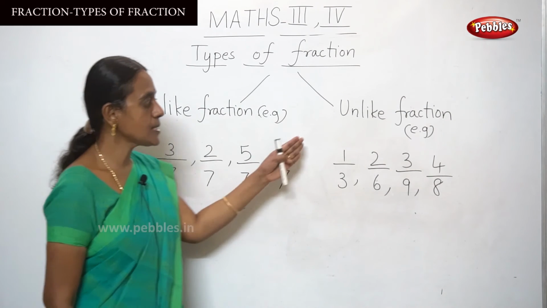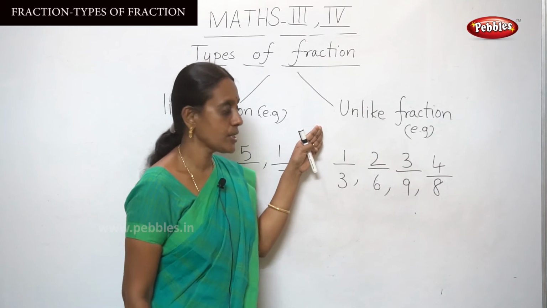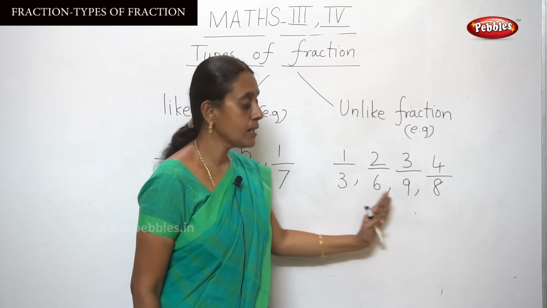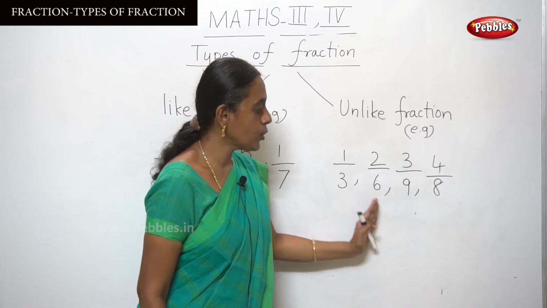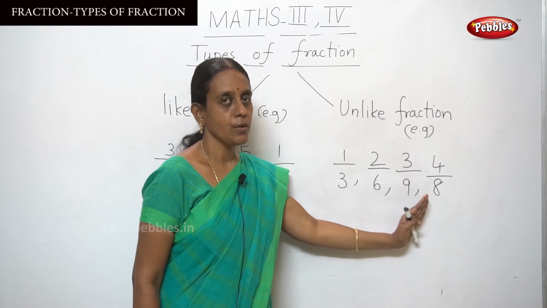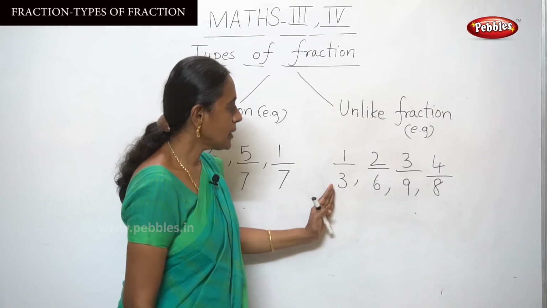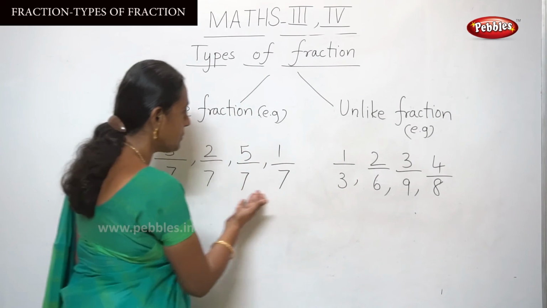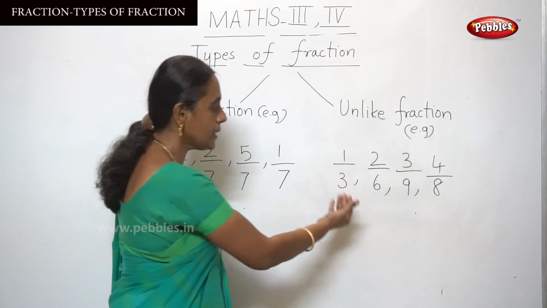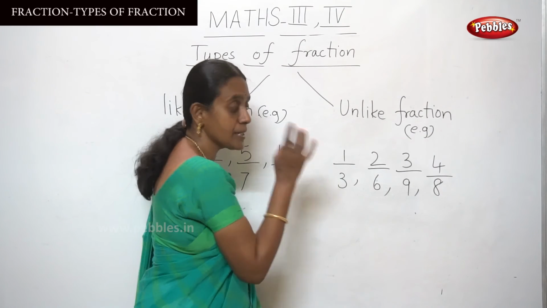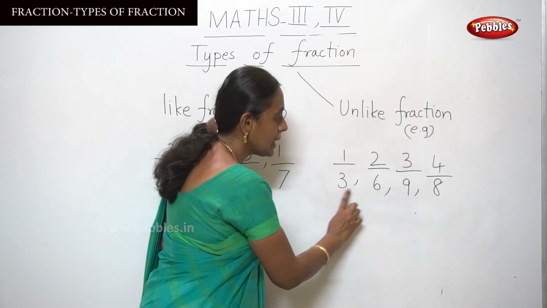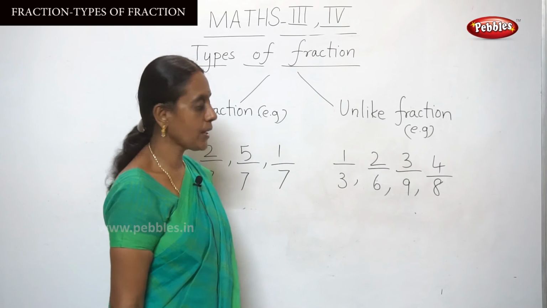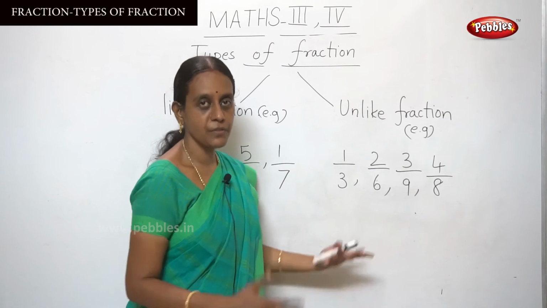In this example of unlike fraction, observe the numerators and denominators. Observe the denominator numbers. Do you understand? All the denominator numbers vary: 3, 6, 9 and 8 respectively, different numbers.